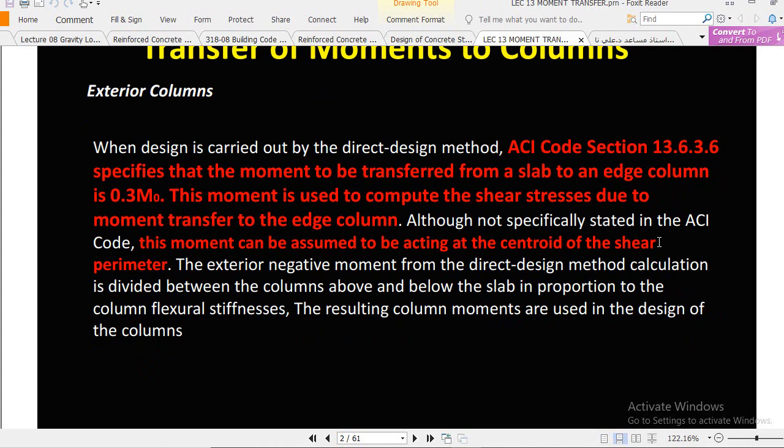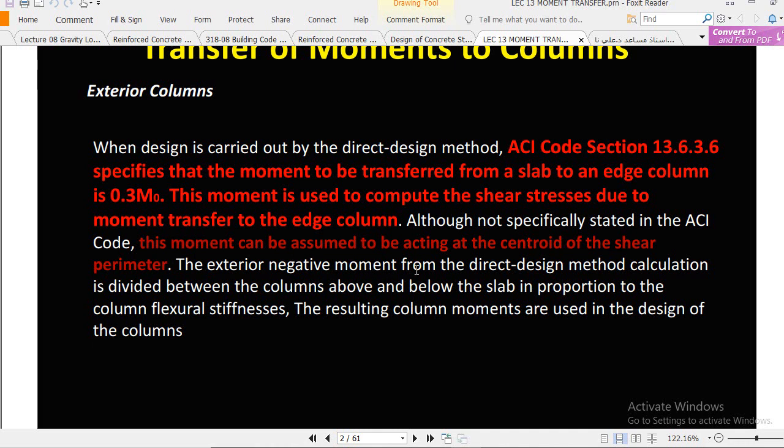Although not specifically stated in the ACI code, this moment can be assumed to be acting at the centroid of the shear perimeter. We will cover this in the next lectures, what this sentence means, and what the centroid of the shear perimeter is. At this stage I am leaving this sentence.